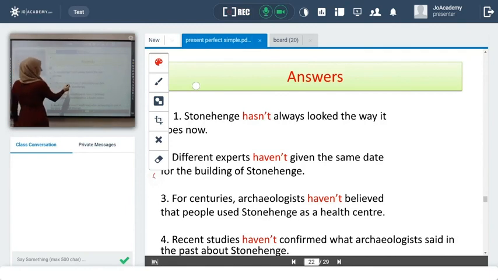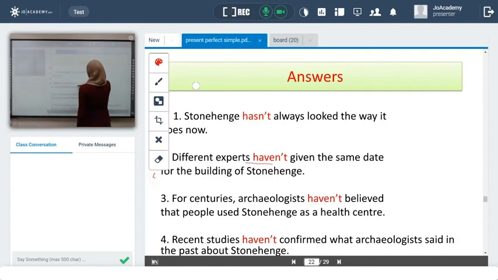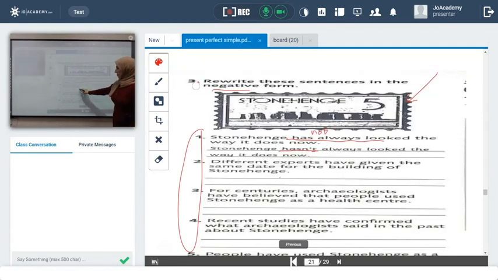So different experts haven't given the same dates for the building of Stonehenge. This is the right answer. So you need to rewrite it here in this space in your notebook or activity book.